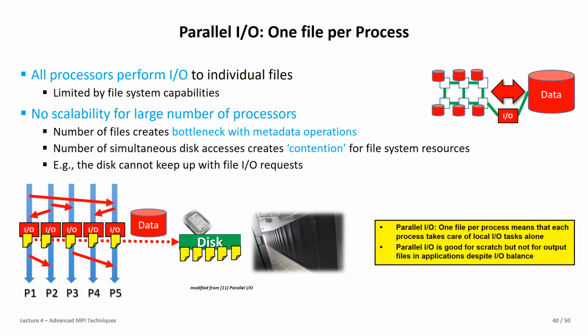One core is faster than the other. Some others have a load balance issue, so they arrive one minute later. But still, the file system is dealing with having 500,000 files created. That is a scalability issue that file systems usually cannot really take in this type of way.